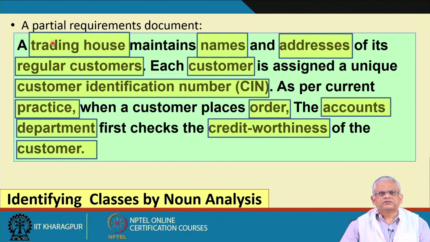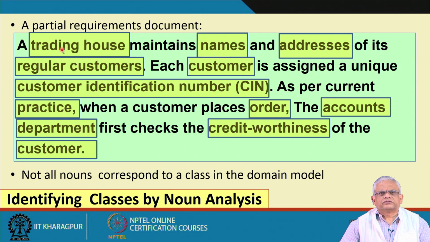The trading house is the name of the organization, and in the software we do not have to really store data about the trading house. We cannot really associate any methods with a trading house. For example, what do we store about a trading house? So, we will eliminate it.